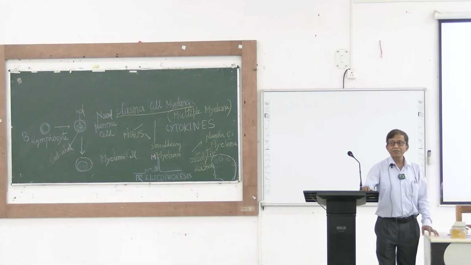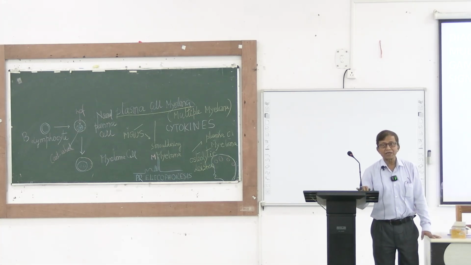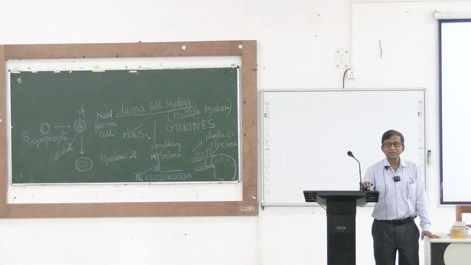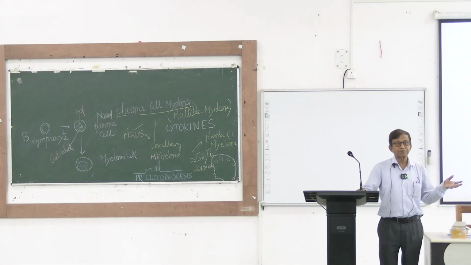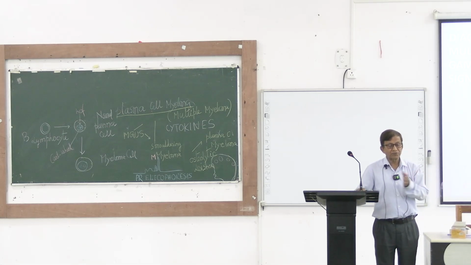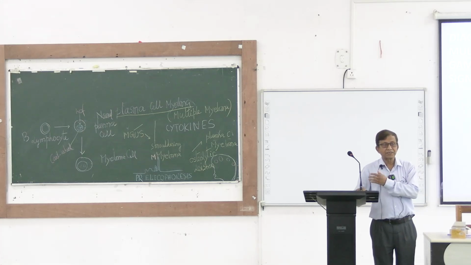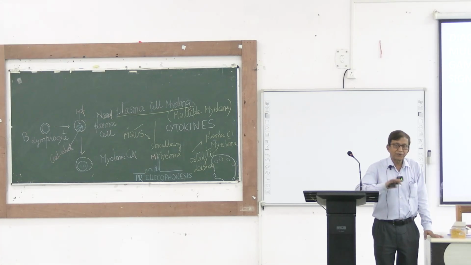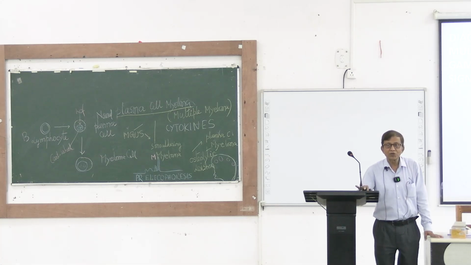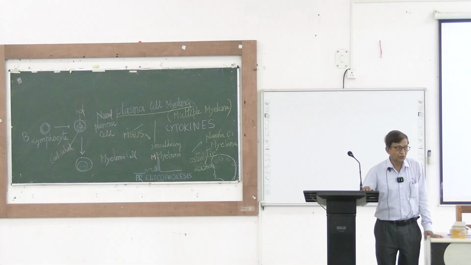Everything in our body, all cellular mechanisms, is controlled by certain growth signals. Cells divide, cells proliferate, cells die. These are controlled by different mechanisms, which you have read in general pathology, in cell growth.